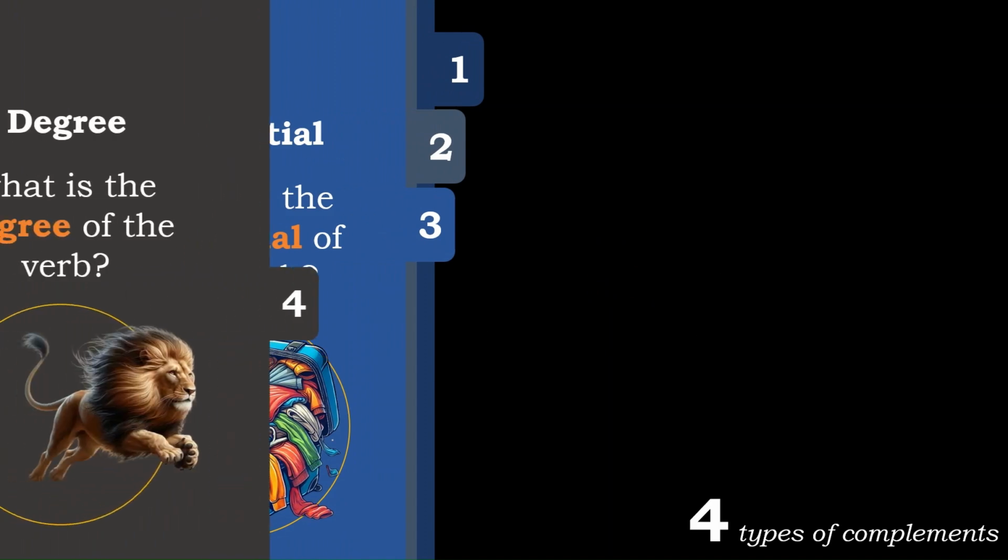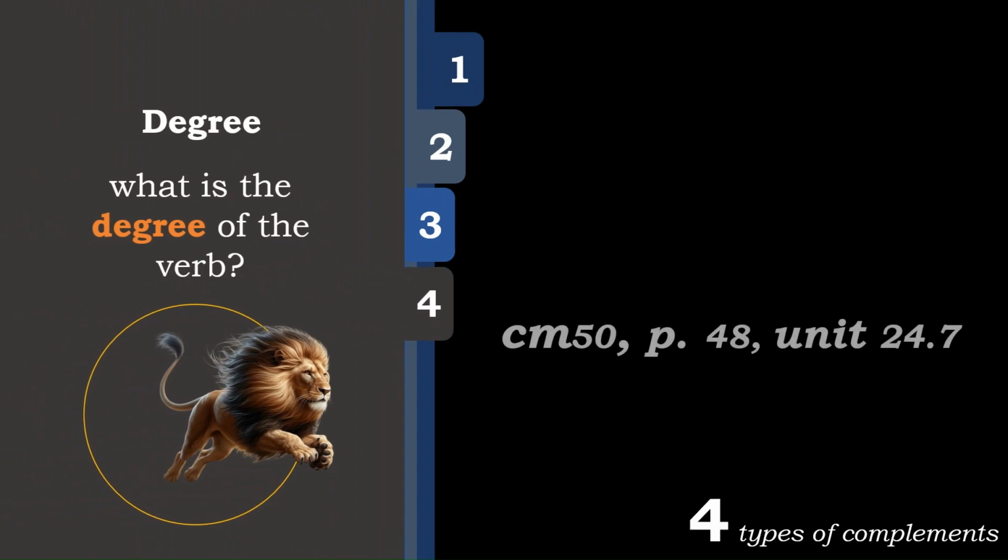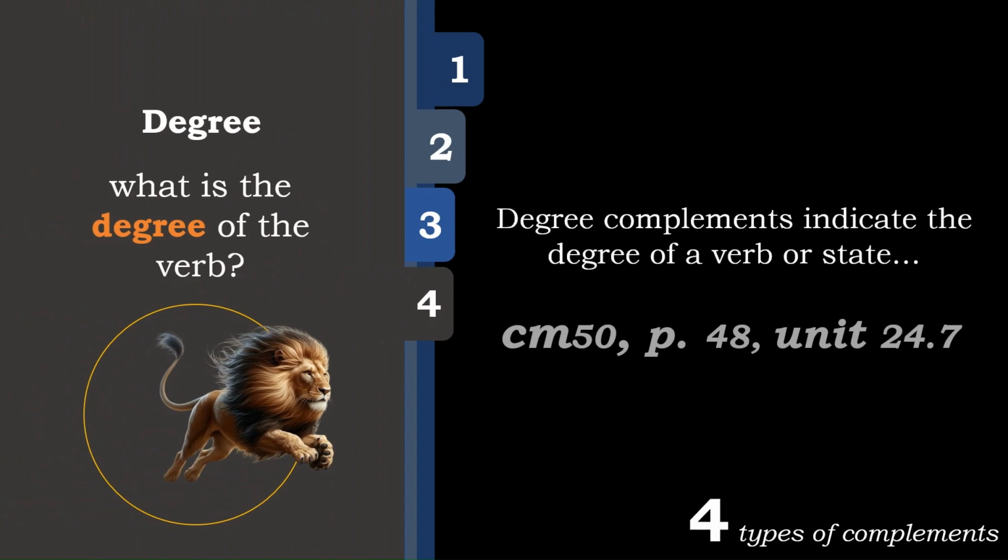Lastly, let's take a look at degree complements, which answer the question, what is the degree of the verb? In other words, to what degree does or did the verb happen? So degree complements indicate the degree of a verb or state.